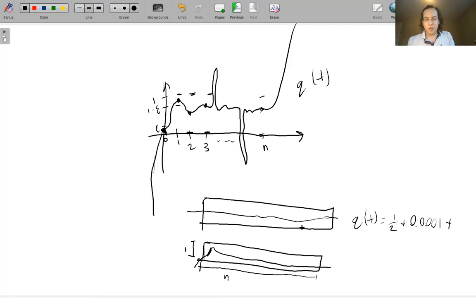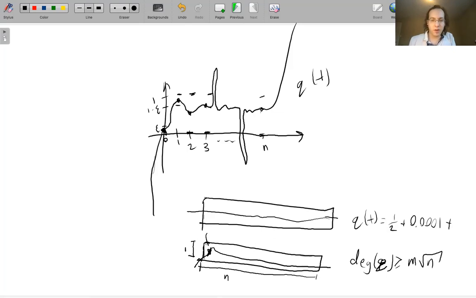Then the degree of q, Markov's inequality says, will be at least the slope at this point, let's call it m, times root n.